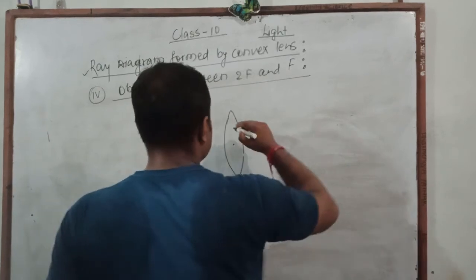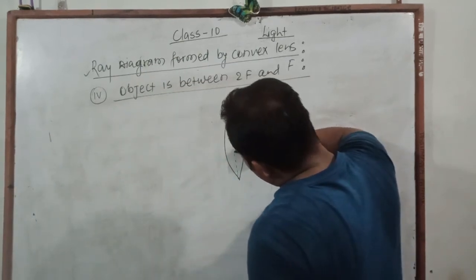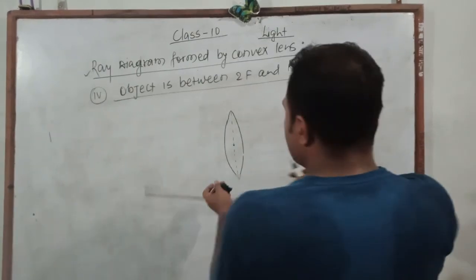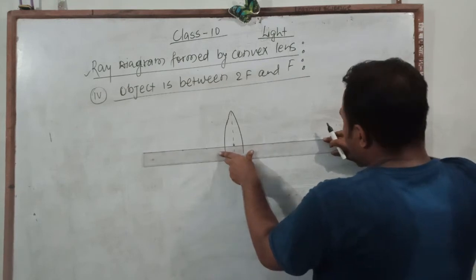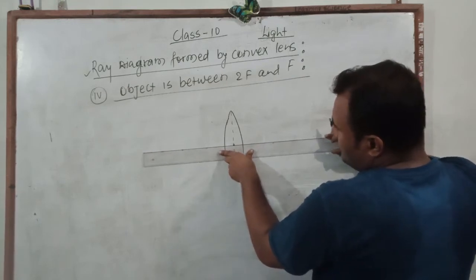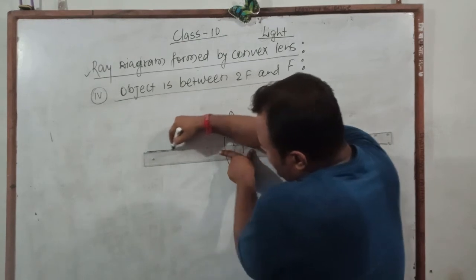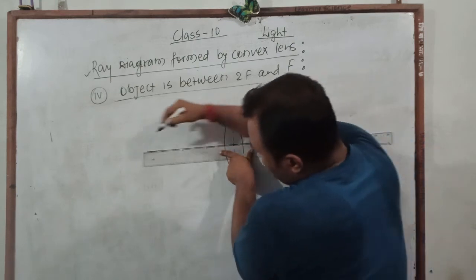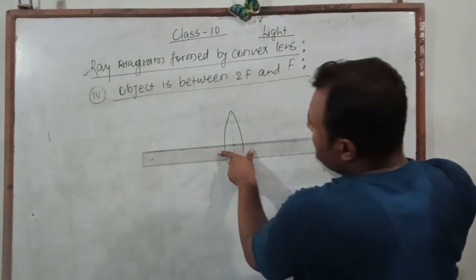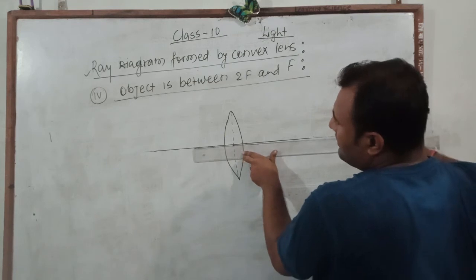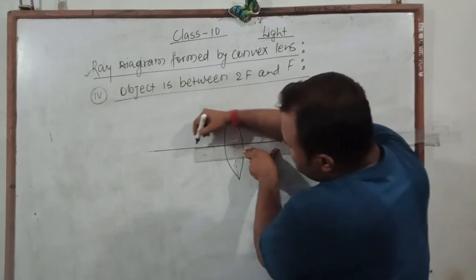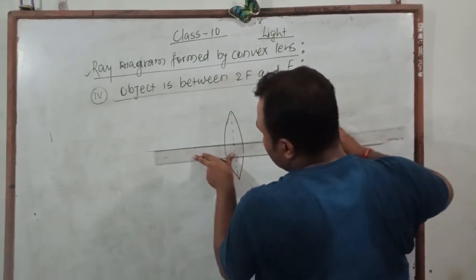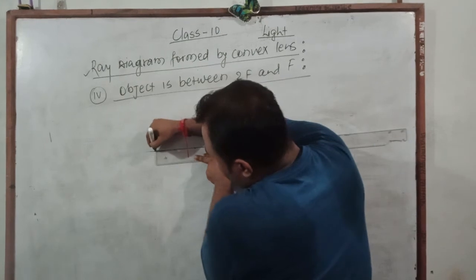On that condition, at first we draw a convex lens with the help of a compass. We imagine the principal axis. We draw the axis of the lens, the optical center, and the ray of light passing through the optical center, a straight line which passes through the principal focus and center of curvature. It is called the principal axis. And then we measure a distance from the optical center, about 2 centimeter, which is called F, and 2 centimeter more, which is called 2F.